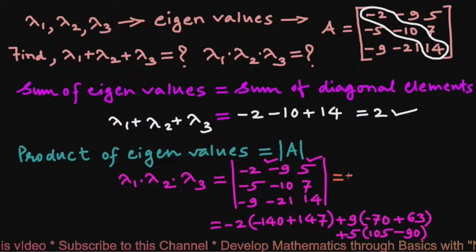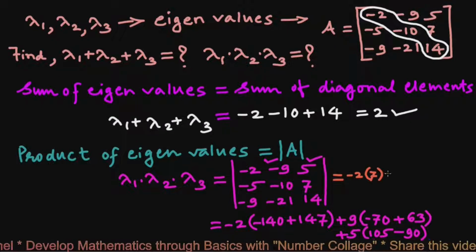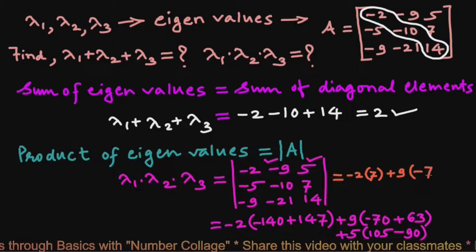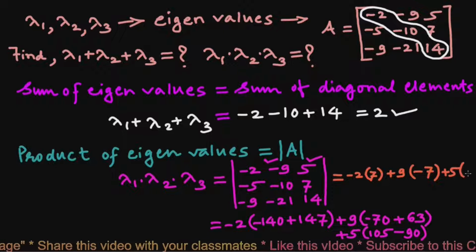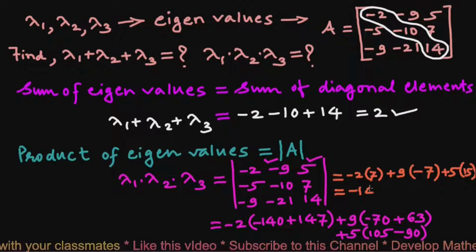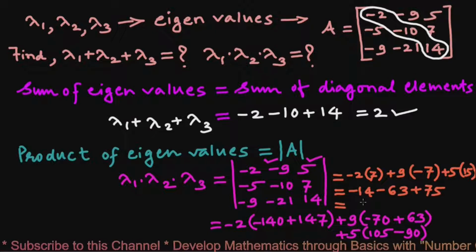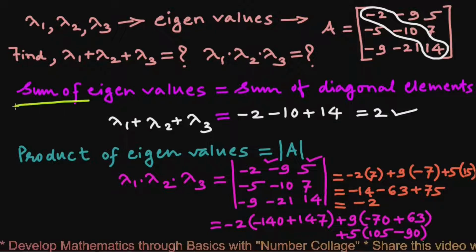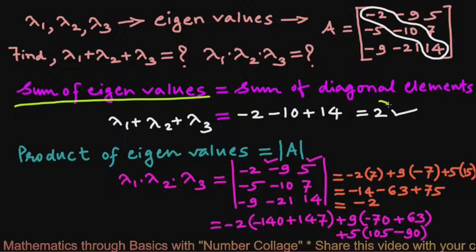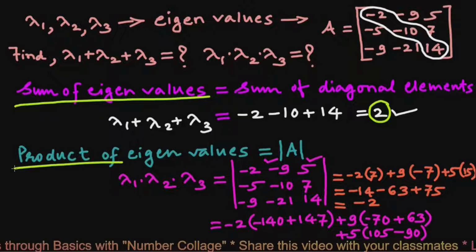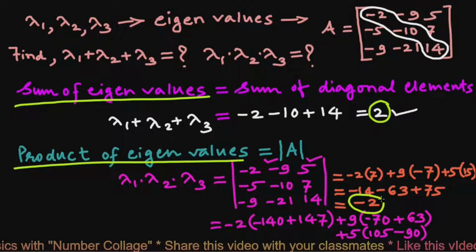That will be -2 into 7 plus 9 into -7 plus 5 into 15, that will be -14 -63 plus 75, that will be -2. So finally we get sum of eigenvalues equals 2 and product of eigenvalues equals -2.